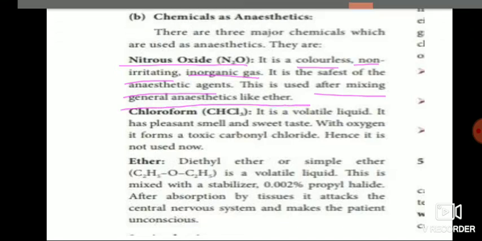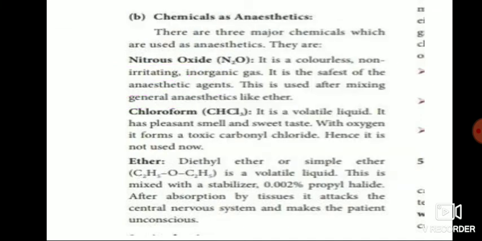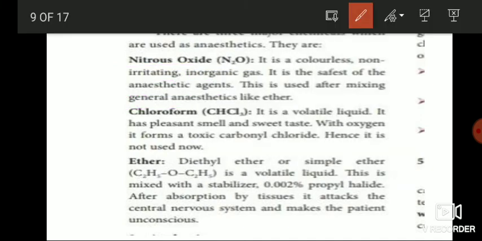Next one, chloroform, CHCl3. It is a volatile liquid. It has a pleasant smell and sweet taste. With oxygen, it forms toxic carbonyl chloride. Hence, it is not used now.